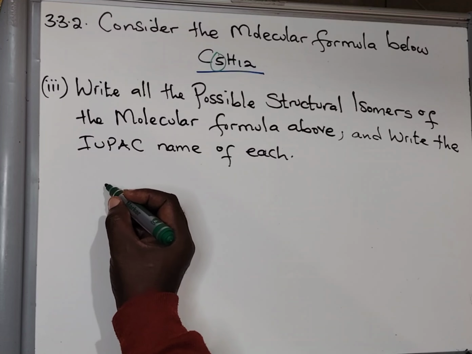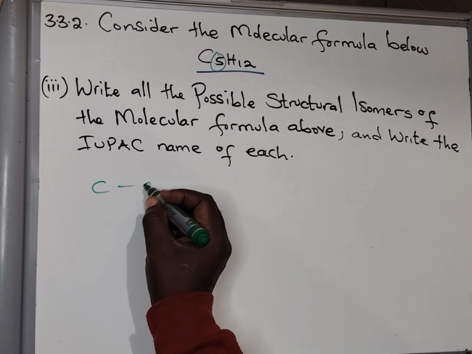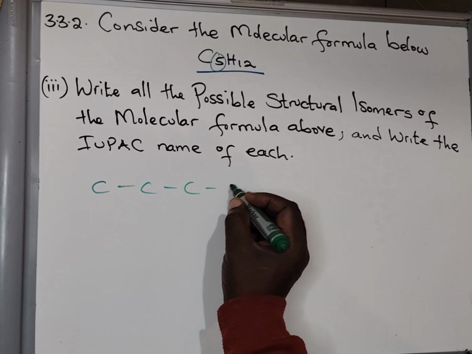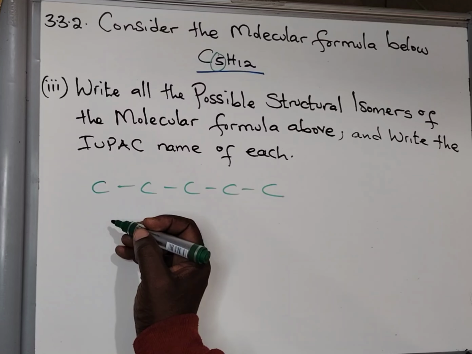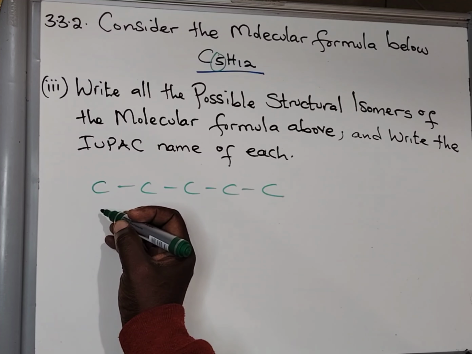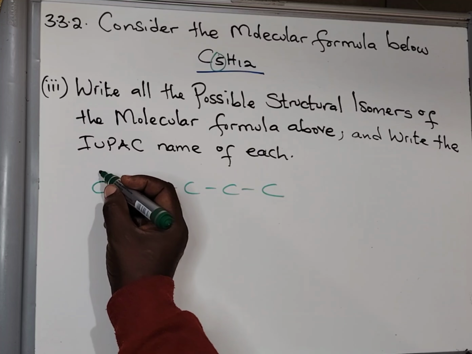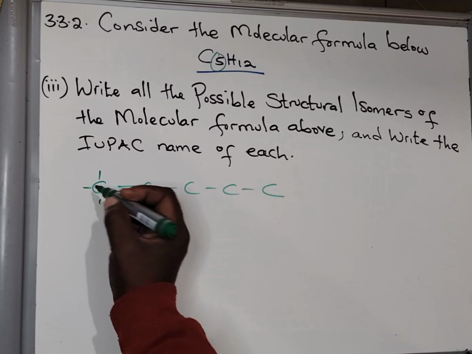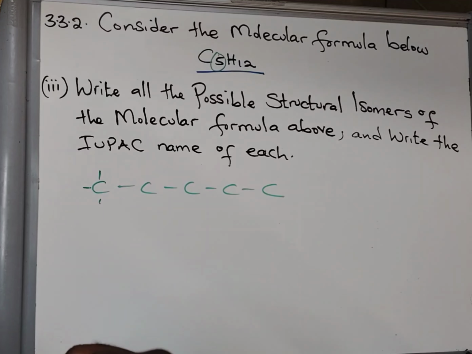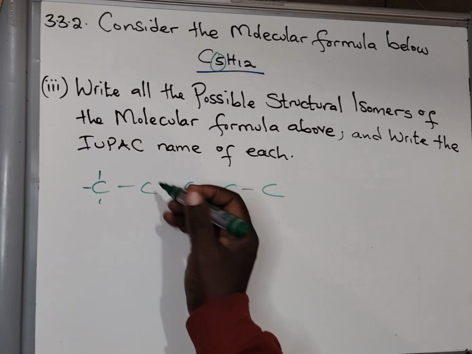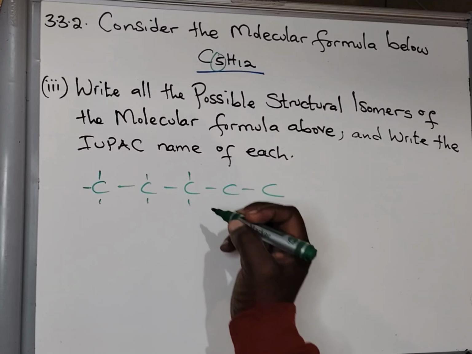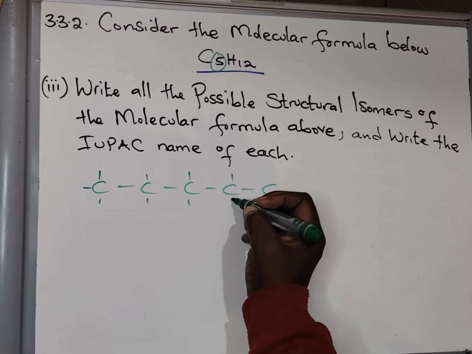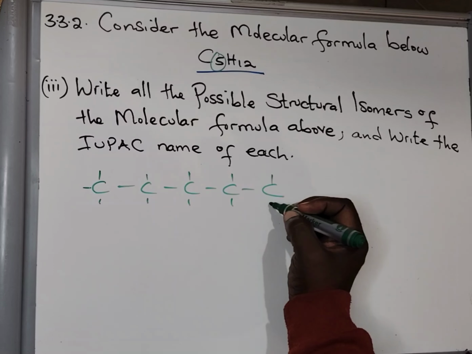So the first one is going to be C, C, C, C, C. Those are 5. So let us indicate the number of bonds missing. This one has 1, so it's missing 3. We have to remember that carbon must exercise a covalency of 4. This one has 2, it's missing 2. This one has 2, it's missing 2. This one has 2, it's missing 2. This one is missing 3.